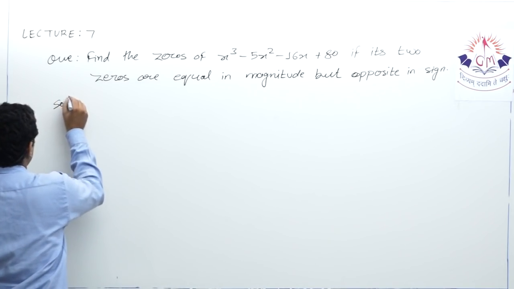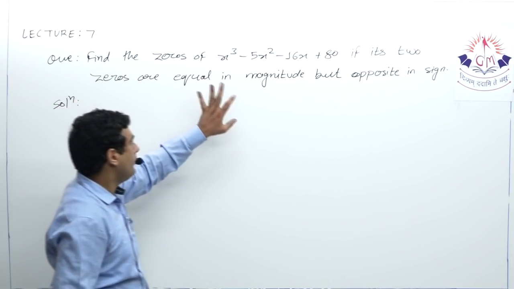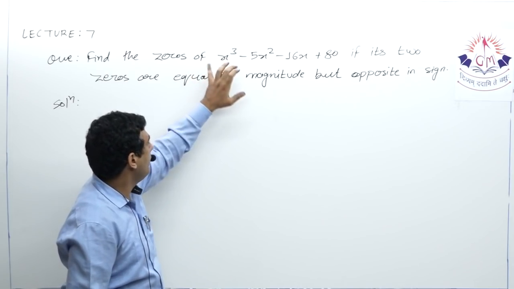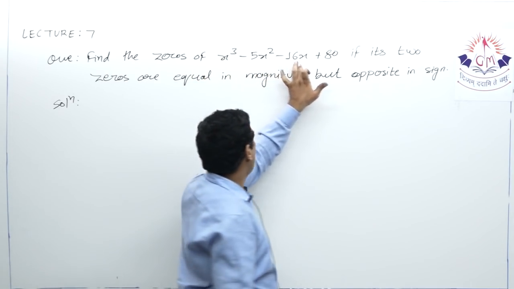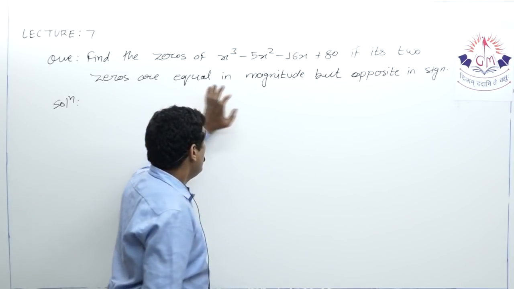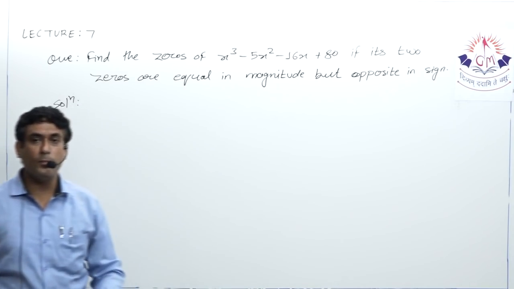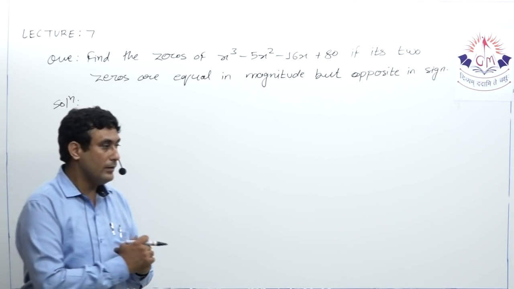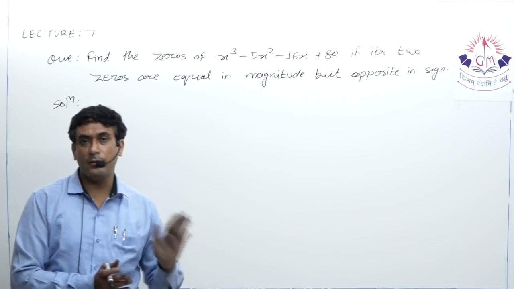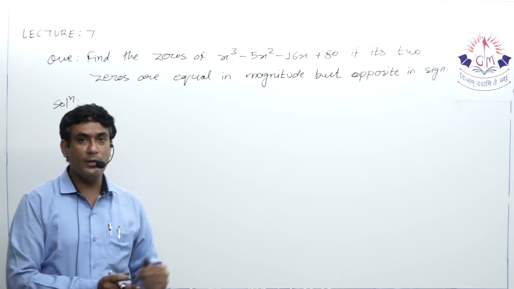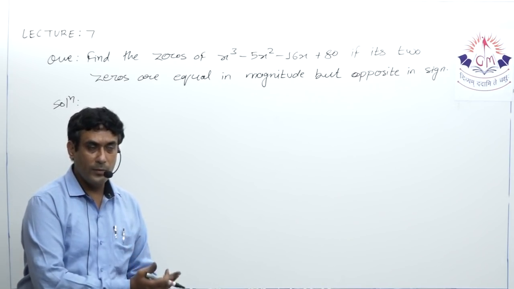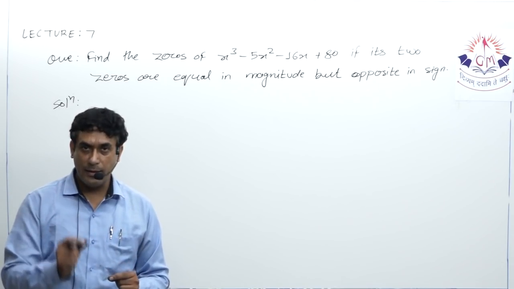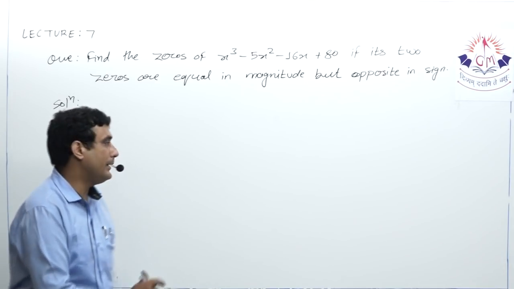So first of all, this is a cubic polynomial. Over here it should be given that it's a cubic polynomial, but right now consider this is a cubic polynomial. Now two of its zeros are equal in magnitude and opposite in sign. That means if one zero is 3, another zero is minus 3. If one zero is 7, then another zero will be minus 7. So here we'll consider, let one zero be k, then another zero will be minus k.